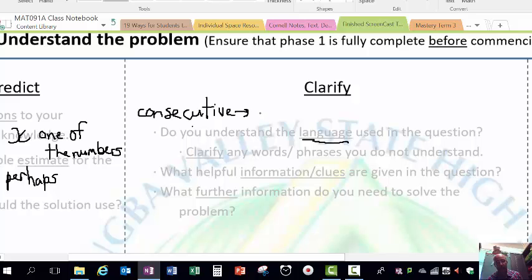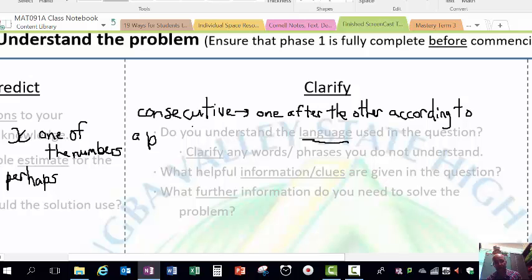It's an important word. Consecutive means one after the other, according to a pattern. Alright, so there's a particular pattern in this.